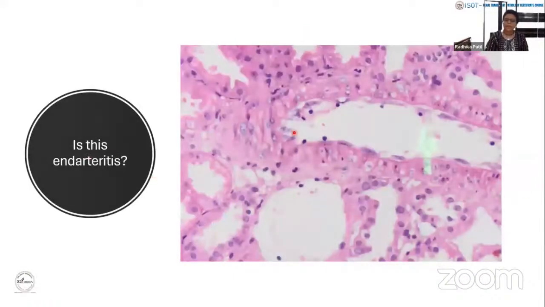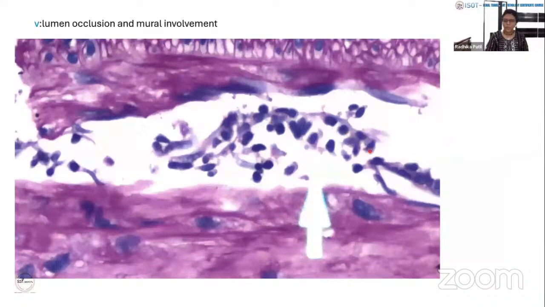Is this endarteritis? First of all, to qualify as an artery, at least 2 smooth muscle layers should be there in the tunica media. This is an artery. These endothelial cells are elongated and light colored, and these darker mononuclear cells or lymphocytes are just sticking to the endothelium, but they are not uplifting the endothelium like in this other case of true endarteritis.